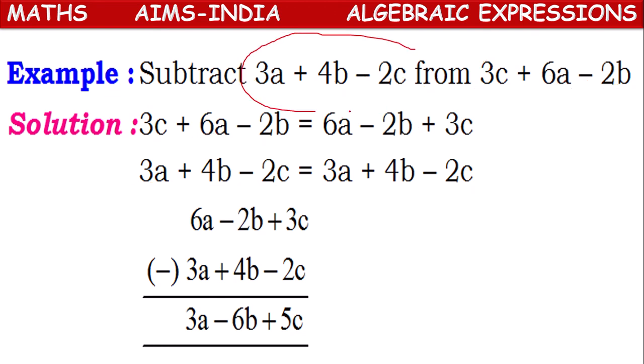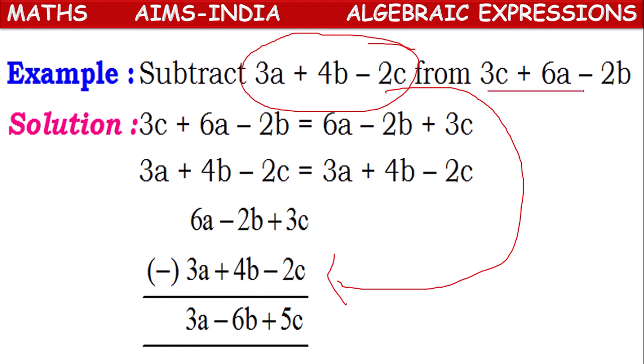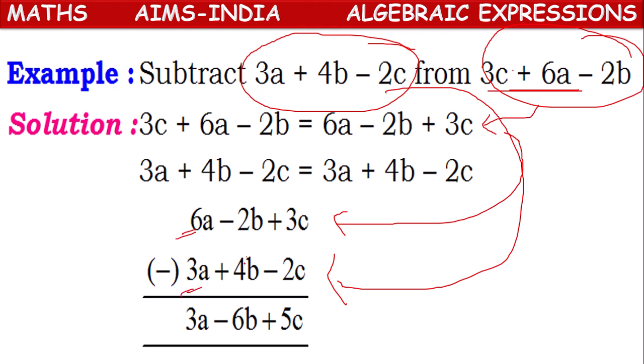So this is to be subtracted. So this to be written in the second row, and this one from which we are doing the subtraction, in standard form, to be kept in the first row. A term below a term, b term below b term, c term below c term.